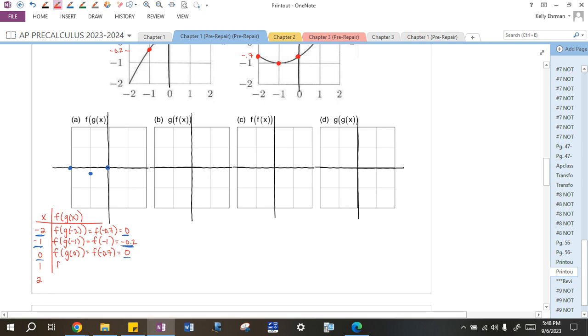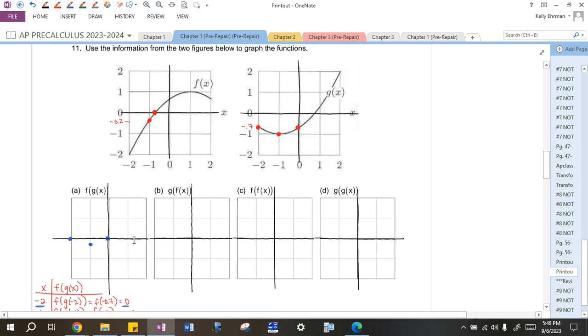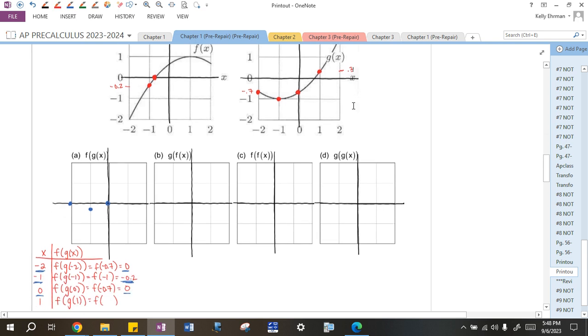Okay, f of g of 1, that means f of what? So go to 1. Now we're up here. I would probably call that, oh, I don't know, how high up are we? Maybe 0.3? Maybe it's 0.2.